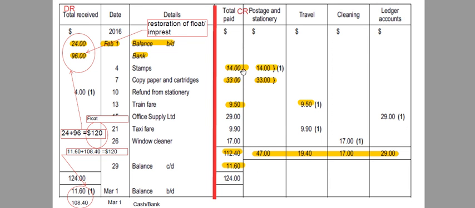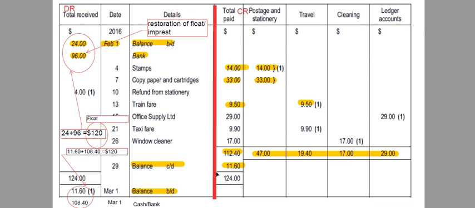You add down the total column, and then you add up all the analysis column totals, and they will add up to 112.4. Then on the debit side, the total is 124. We subtract 112.4 from 124 to get 11.6, which is the balance c/d, and this balance c/d will become your balance b/d for the next period.